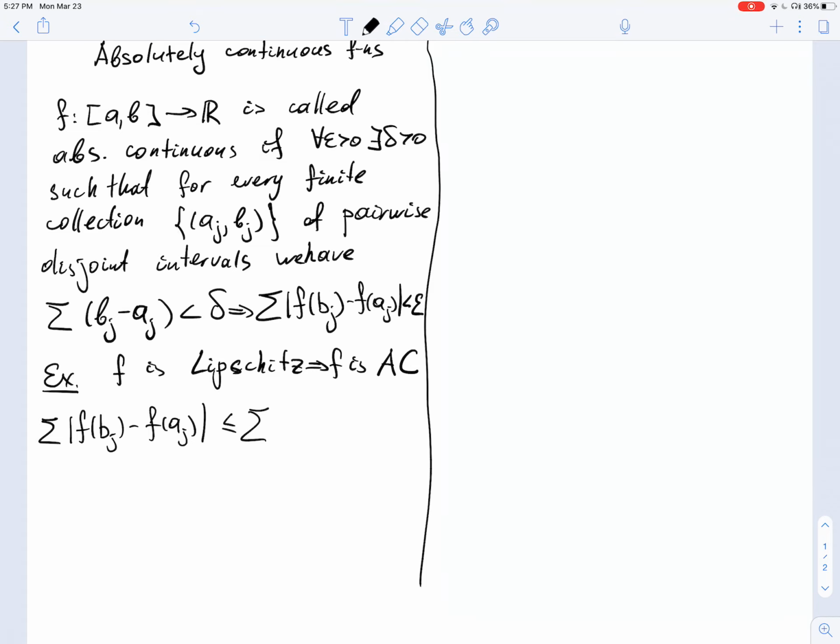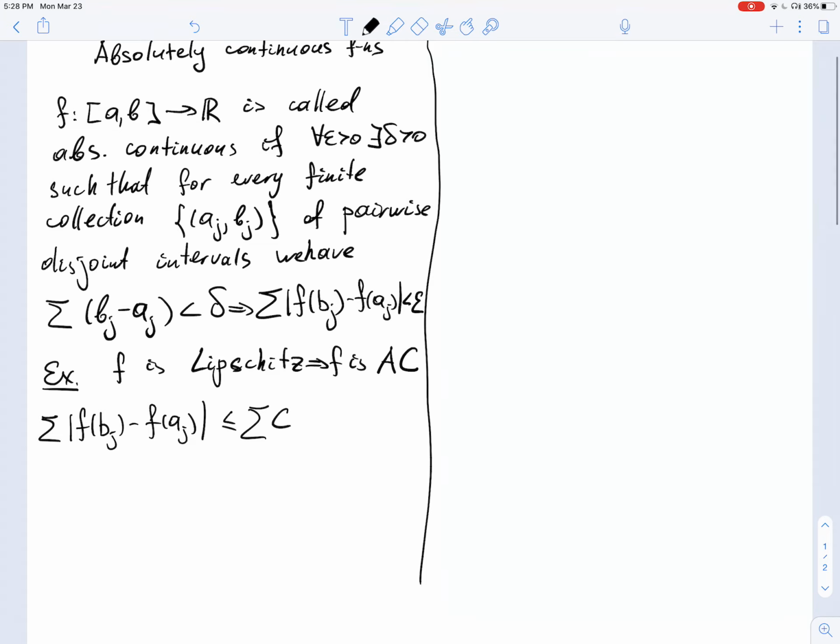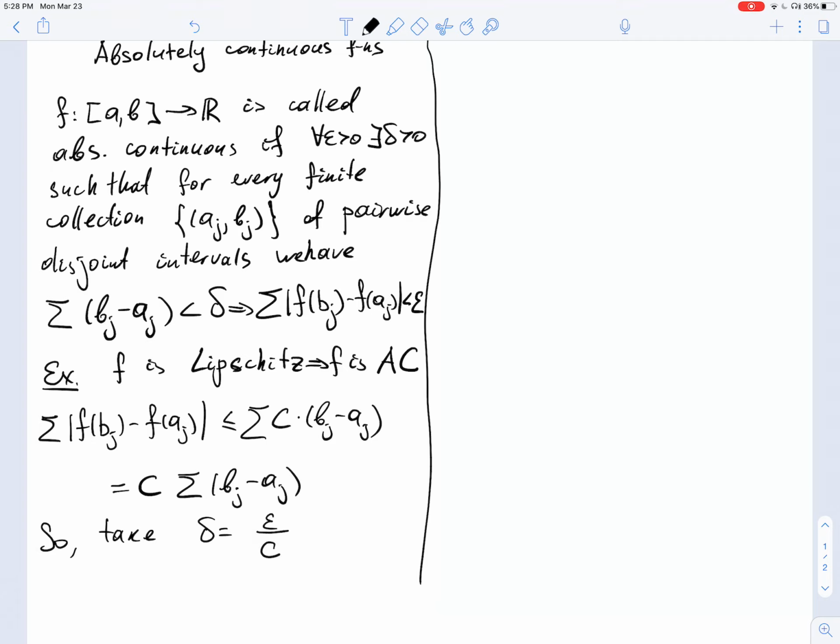It means that difference of the values is less than or equal than a constant times bj minus aj, and the constant factors out. So we can take delta equal to epsilon divided by c, for example, or we can take 10c to be safe, and everything's fine. If this sum is less than delta, then multiplied by c, it will be less than epsilon over 10, so definitely less than epsilon.